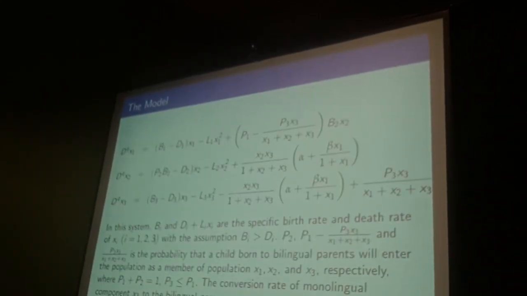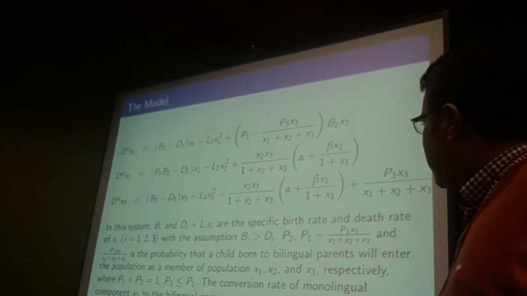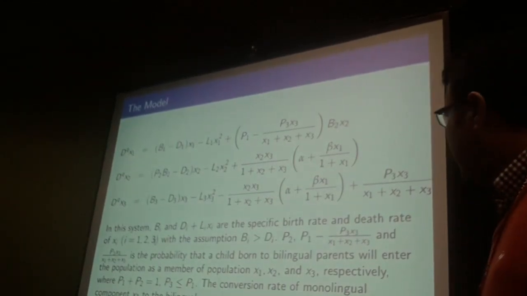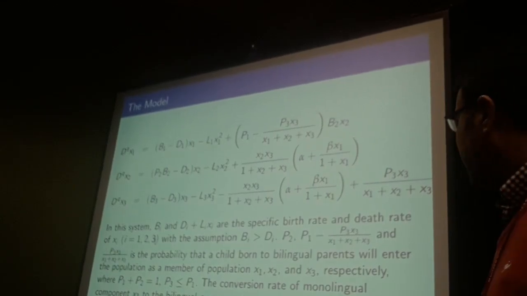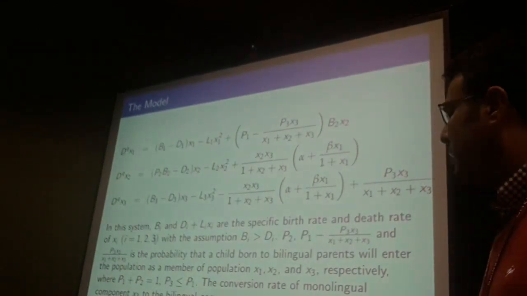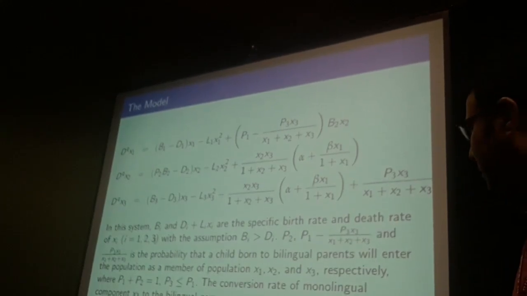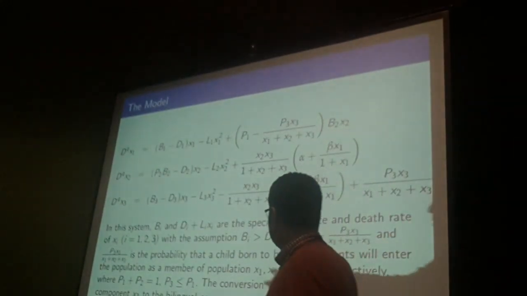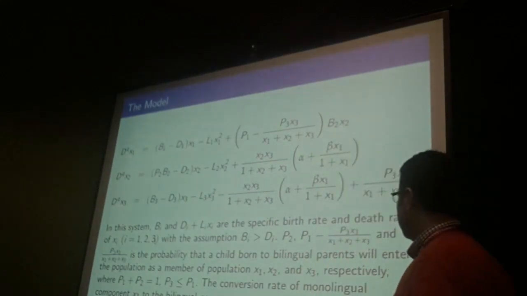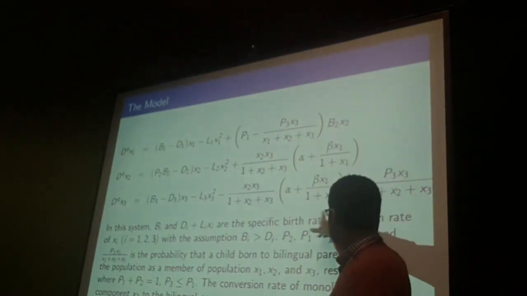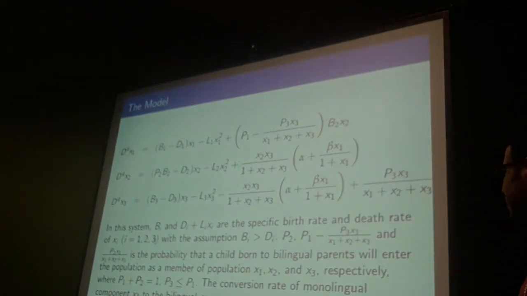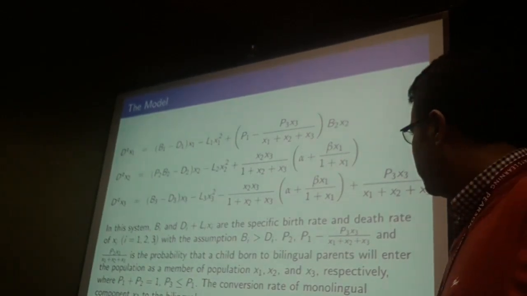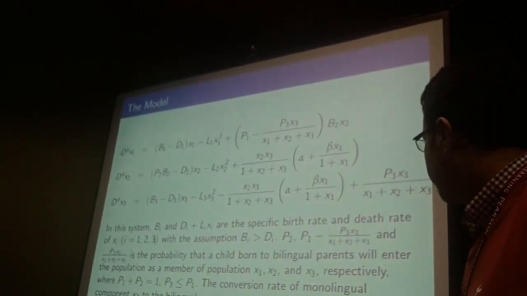Our model is of this form with these assumptions. Here b_i is the specific birth rate, and b_i plus l_i x_i is the rate of x_i, with this assumption b_i greater than d_i. P1, P2, P3 are the probabilities that a child born to bilingual parents will enter the population as a member of population X1, X2, and X3 respectively.